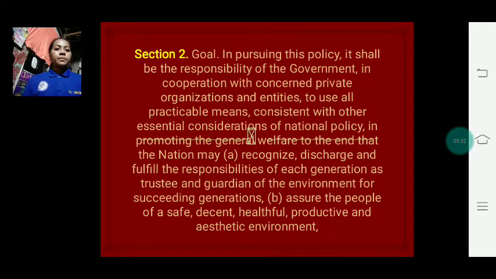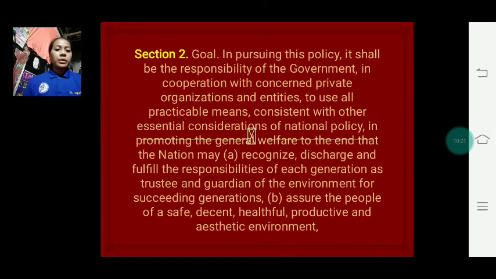So, Section 2, Goal. In pursuing this policy, it shall be the responsibility of the government, in cooperation with concerned private organizations and entities, to use all practicable means consistent with other essential considerations of national policy in promotion of general welfare to the end that the nation may: A. Recognize, discharge, and fulfill the responsibilities of each generation as trustee and guardian of the environment for succeeding generations.